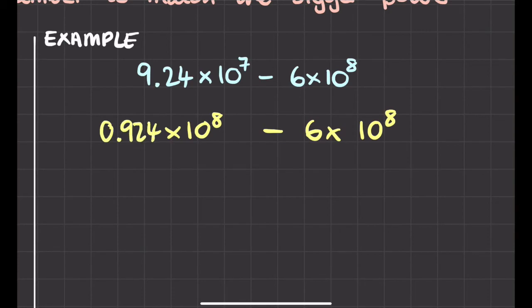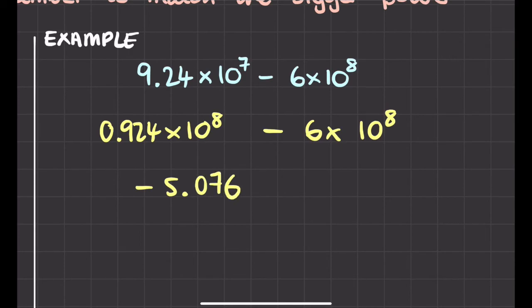0.924. And I'm now going to have to do 0.924 and then take away 6. So that gives me a negative number, doesn't it? That'll give me minus 5 point, I'm trying to do this in my head, 5.076.